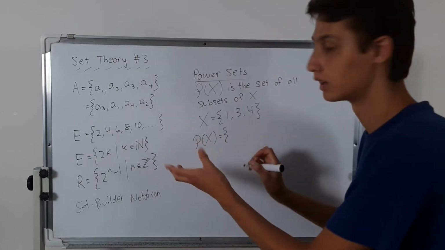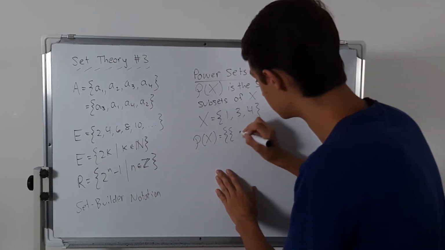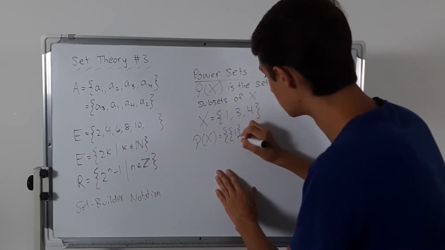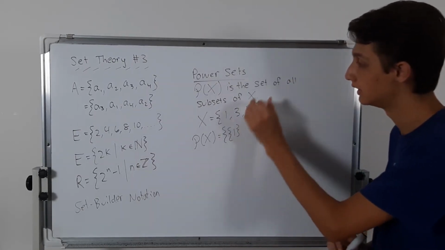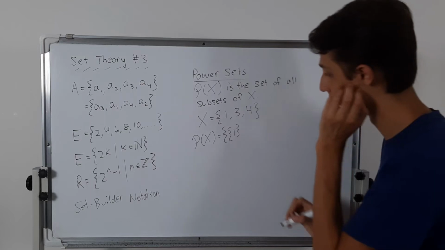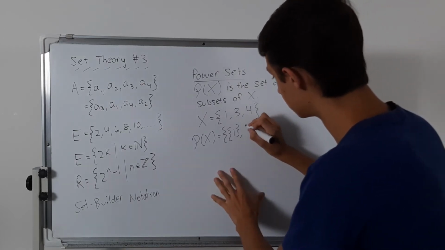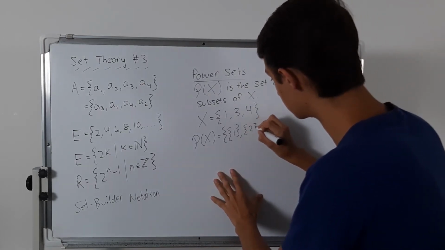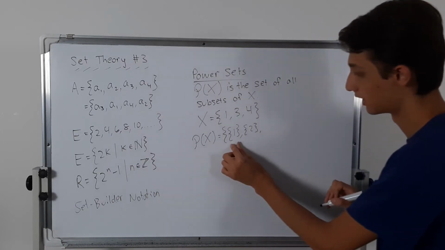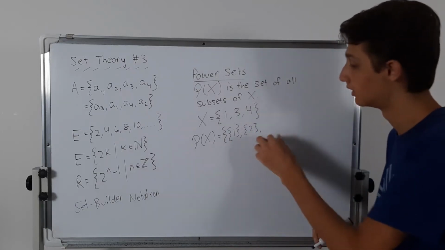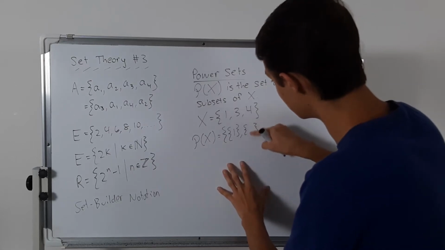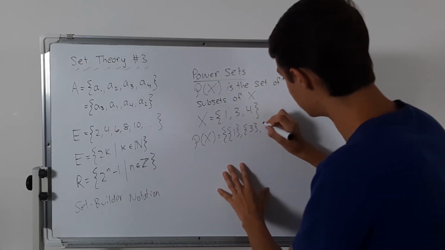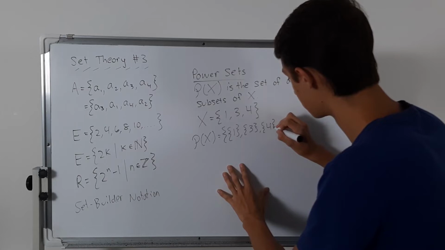So the first is, I would say, obviously 1. 1 is a subset, and we have to include these curly braces because each of these things are sets, okay? So, well, subsets, and we put curly braces around subsets. So we have the set containing just 1, the set containing just, actually I don't have 2 there, I meant 3. And then the set containing just 4.